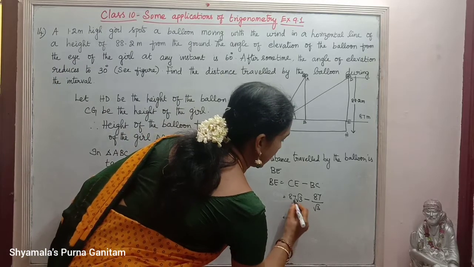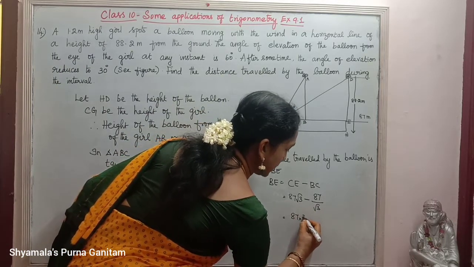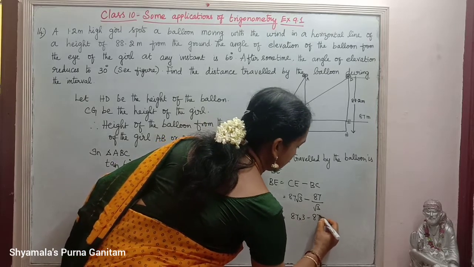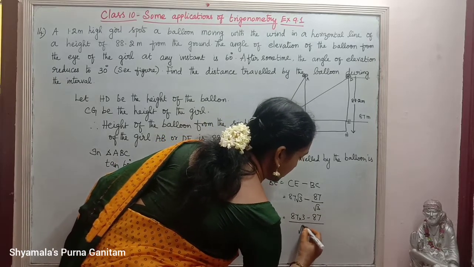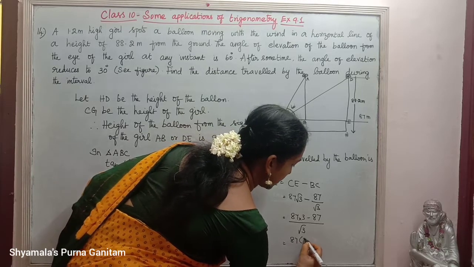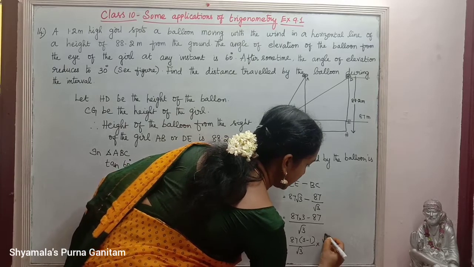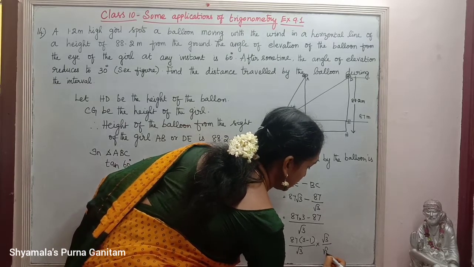This will be 87 into 3 minus 87 by root 3. If we take 87 common, we get 3 minus 1 by root 3. If we rationalize, we get root 3 by root 3.